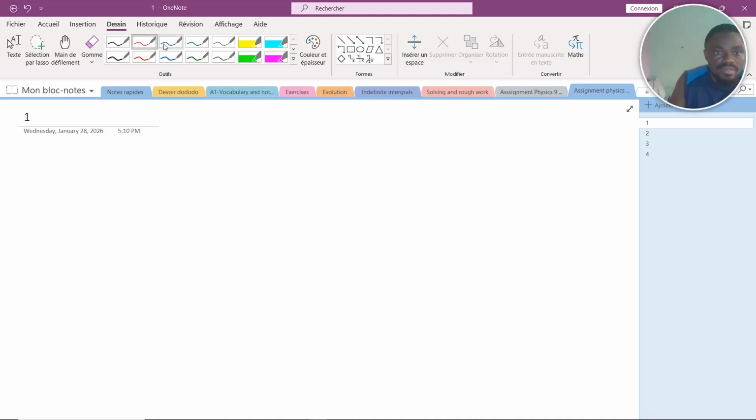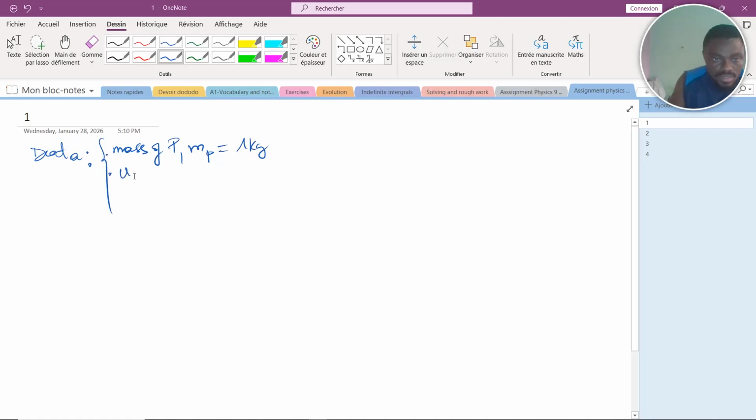As data, I have the mass of P, let me call it MP, which equals 1 kilogram, because they said it's a unit mass. The particle is falling from rest, that is the initial velocity must be equal to 0 meters per second.